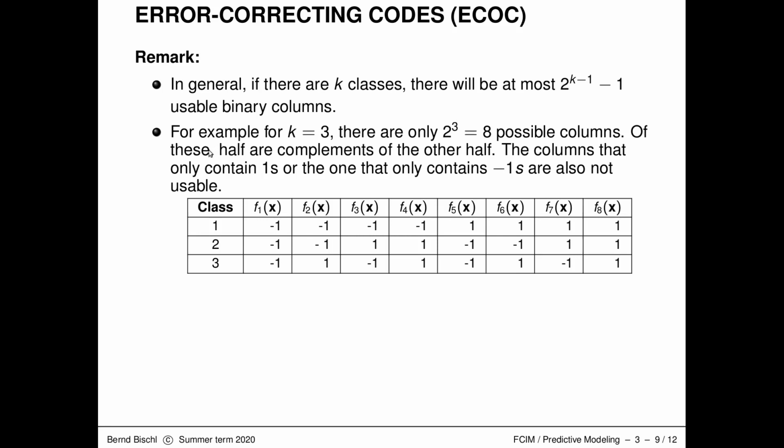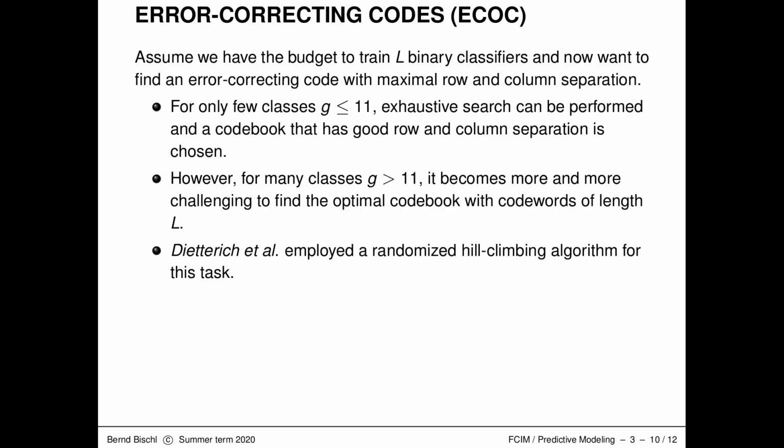Of these 8 possible columns, half are exact complements of the other half. And of course, I also don't really need any columns that contain only ones or only minus ones. And this now results in this overall counting formula here for all potential binary columns.